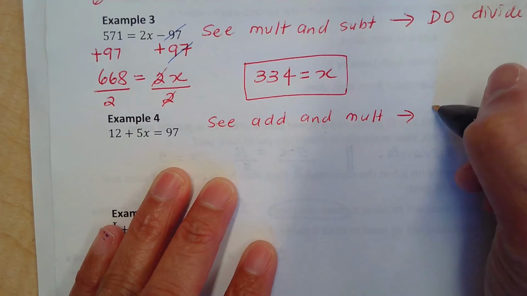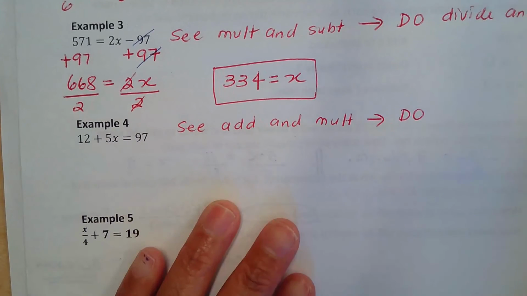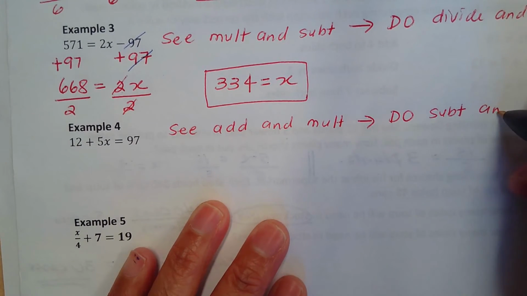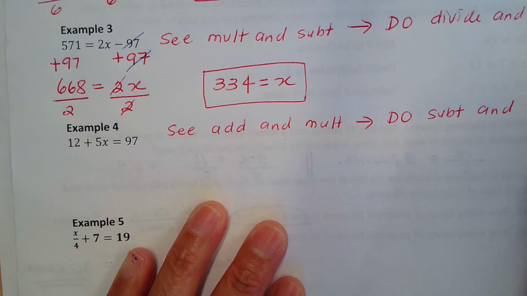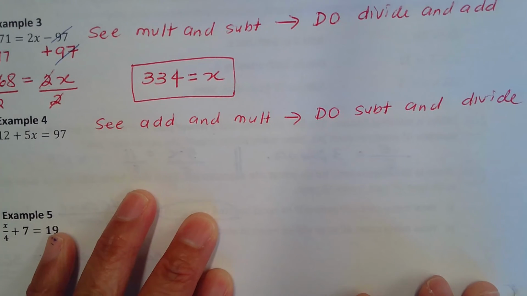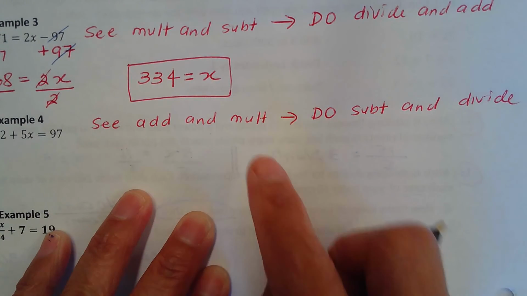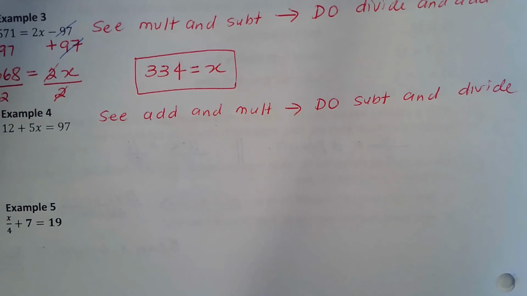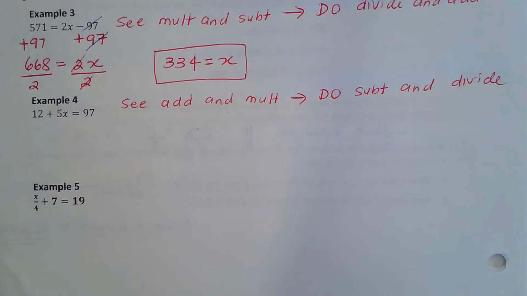Okay, what do you do? We subtract and divide. So we see add and multiply where the x is, so we're going to do the opposite, which is subtract and divide.